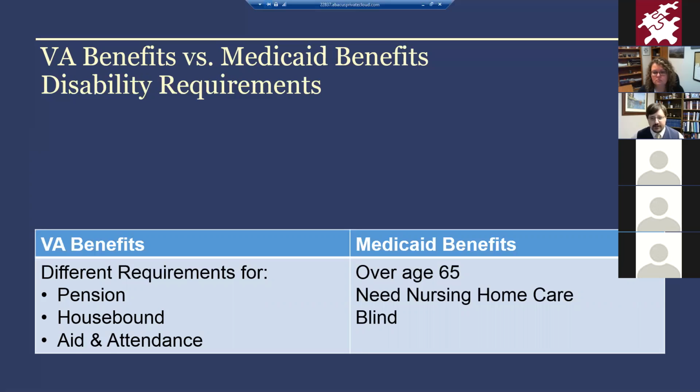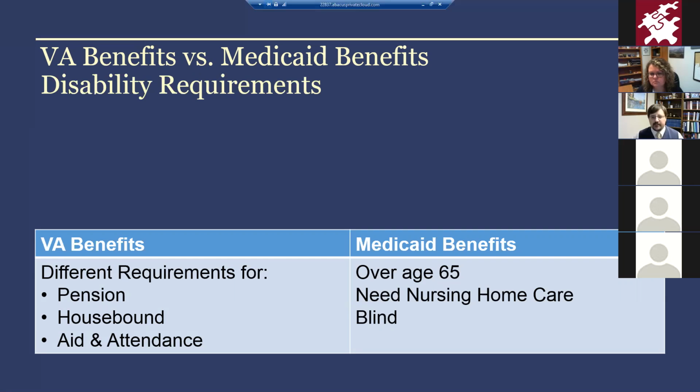For housebound, you have to have that 100% disability rating and actually be housebound, or the veteran would need to have a 100% disability rating for one disability and at least a 60% disability rating for another. Again, that can be determined by a VA hospital or a doctor. And then for aid and attendance, they really are needing skilled nursing home care at that point.